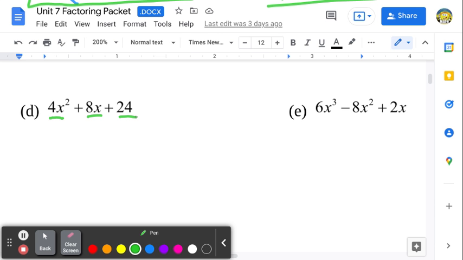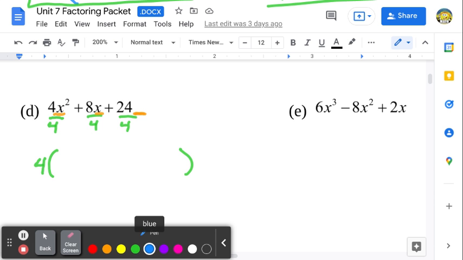So we have 4x squared plus 8x plus 24. Well, I know I can take a 4 out of each one of these. You can also take out a 2, but the biggest number you can take out is a 4. And I cannot take out an x. I have an x squared, an x to the 1, but there's no x in the last term.